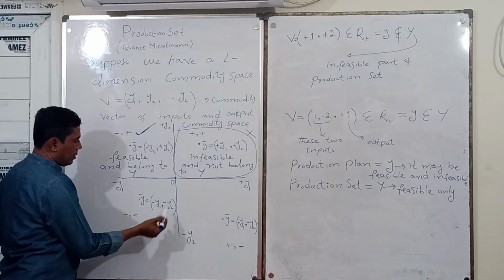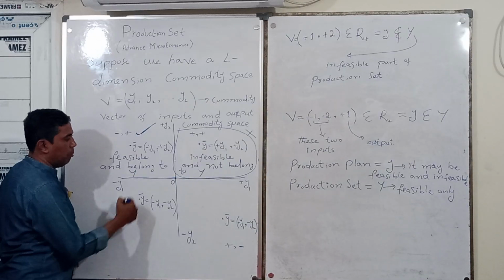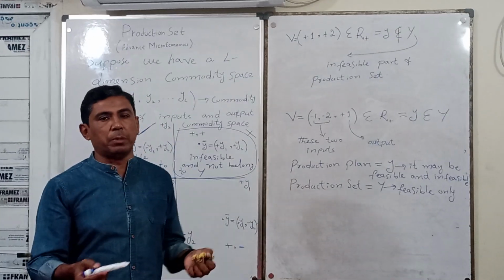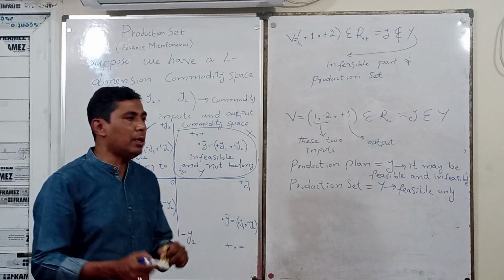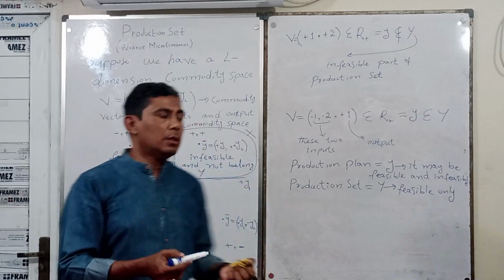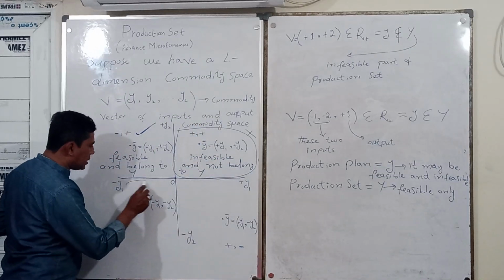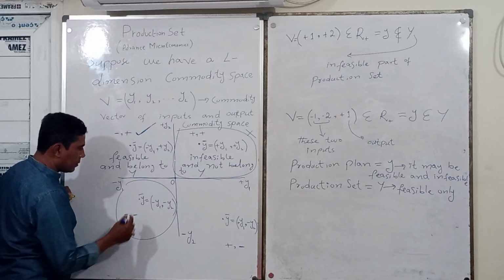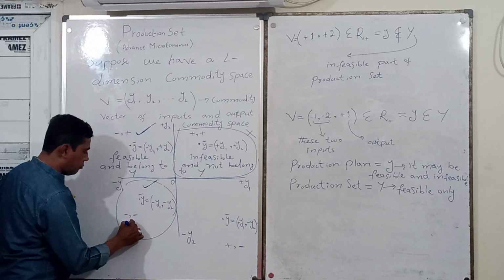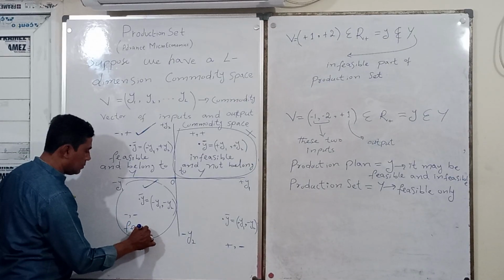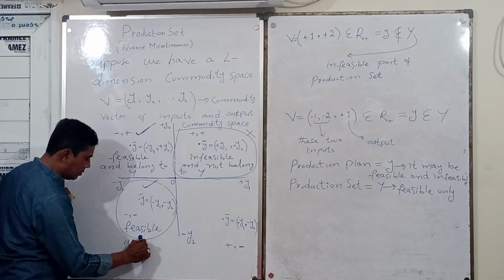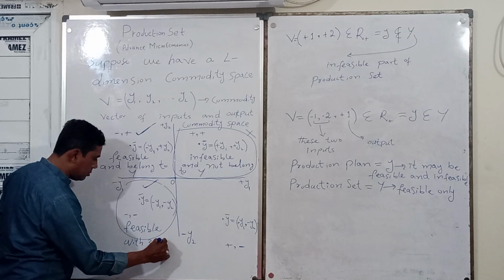Similarly, now this one: both are inputs. In the production plan, you may have both inputs but no output. So it is possible. It means that you are considered inefficient. So in this condition, this quadrant is selected as feasible with zero output.